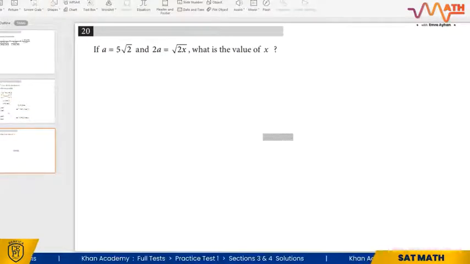Let me use equations here. 2 times 5 root 2 is equal to the square root of 2x.